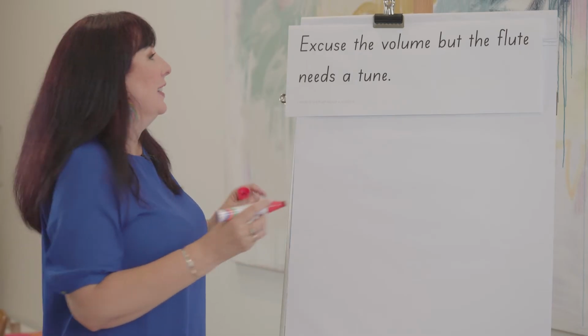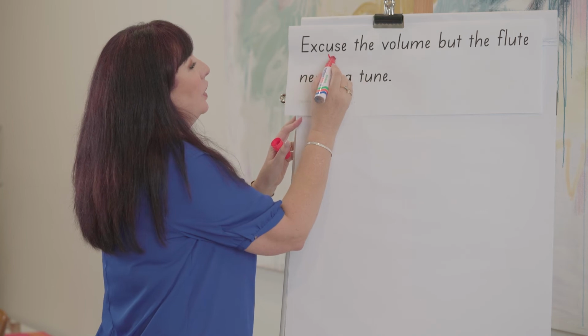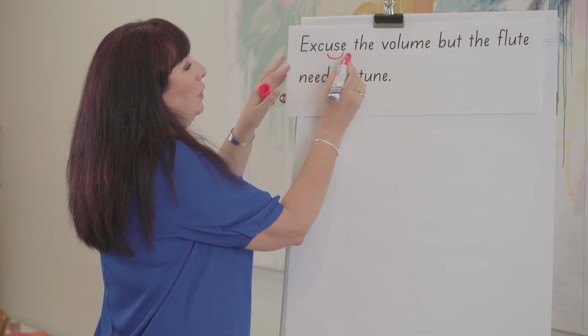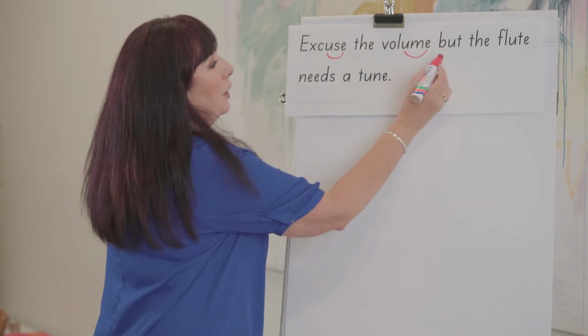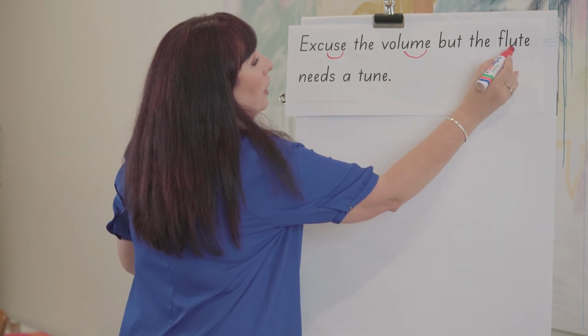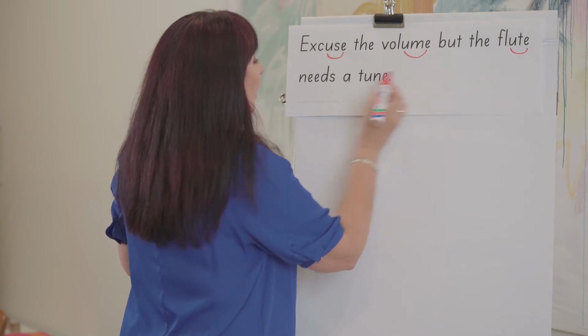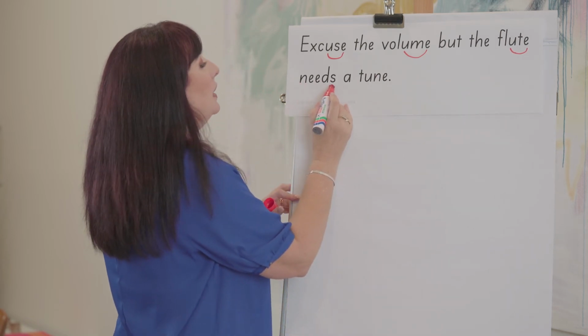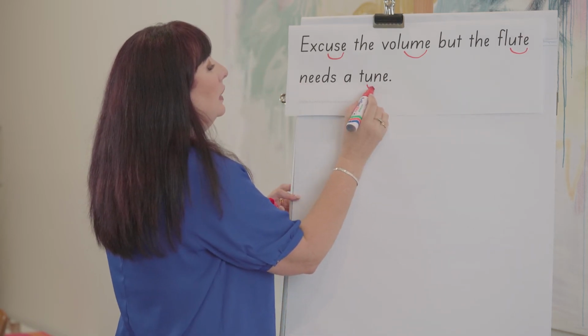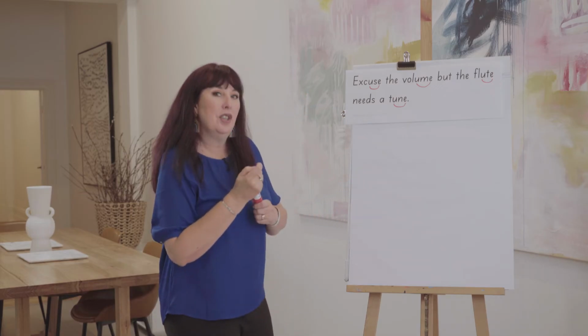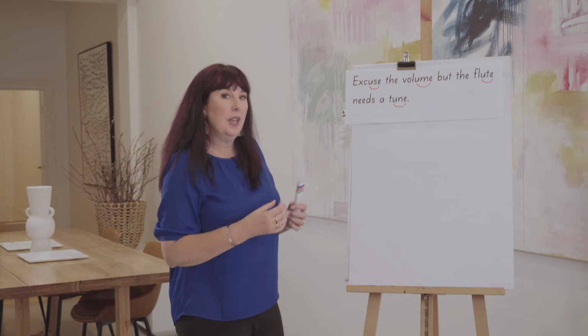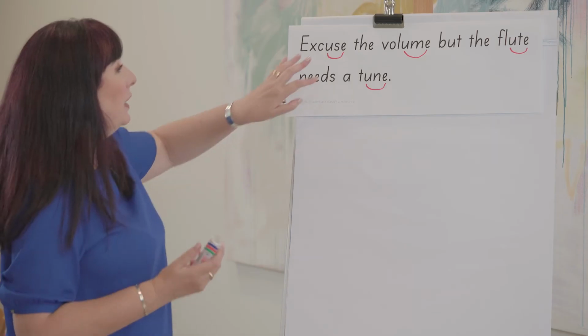So, a trickier sentence. Excuse the volume, but the flute needs a tune. So this has got a mixture of our different U sounds, hasn't it? Let's have a read together.